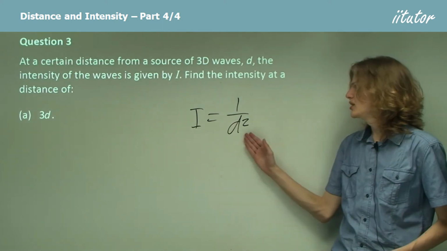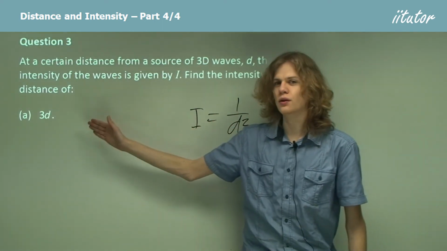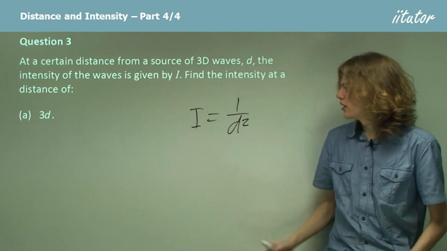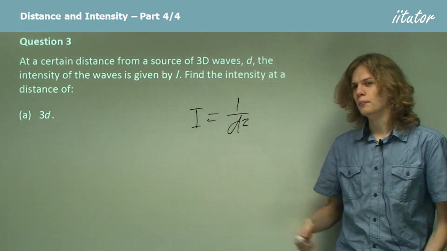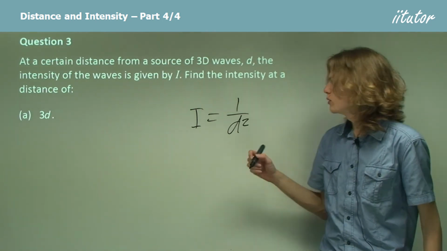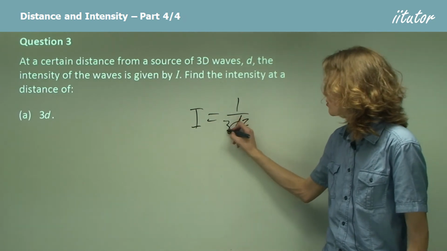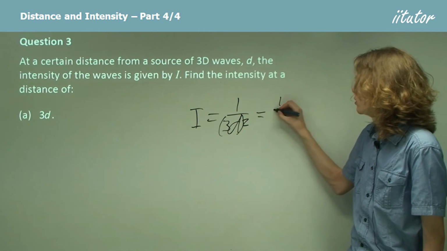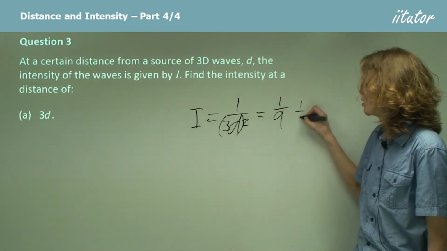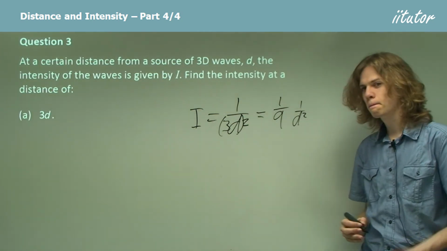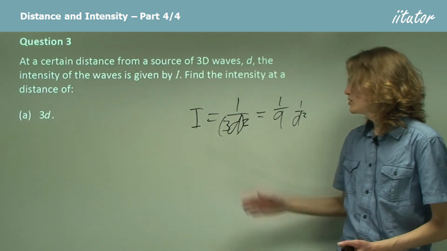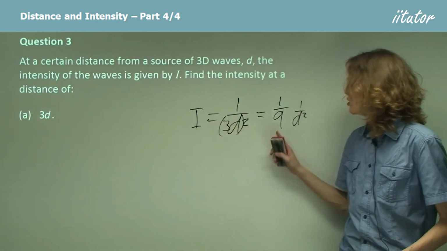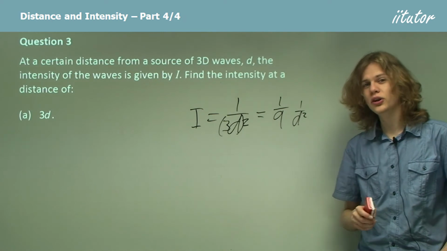So if we set d to 3 times our original distance, then I will become, well, we can work this out, can't we? If we put a 3 at the bottom there, then this will equal 1 over 9 times 1 over d squared. So that means that our new I will be 1/9 of our original I.